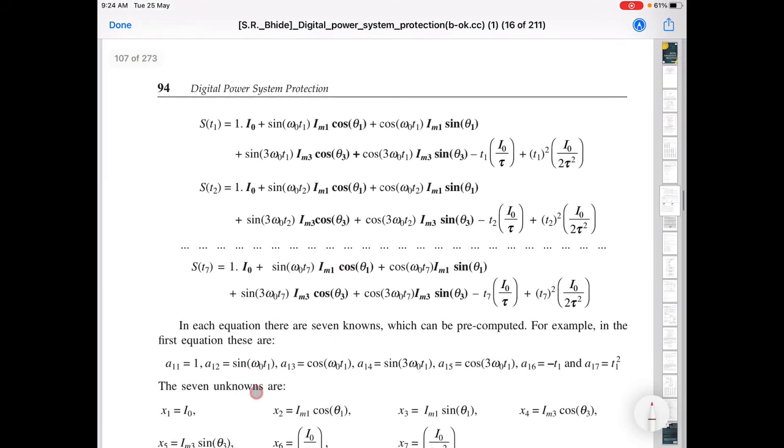Now what is known here? A11 is 1. Okay, 1 is known in all the terms, I mean it's a constant of course, that is called as A11. This is A12, this is A22, this is A72, okay, and so on. So these terms are known.